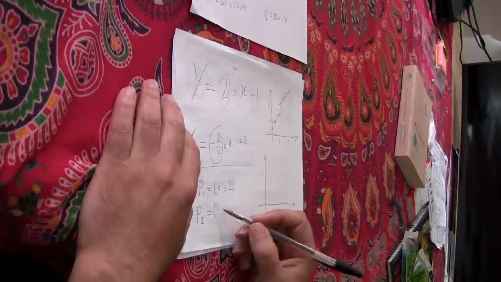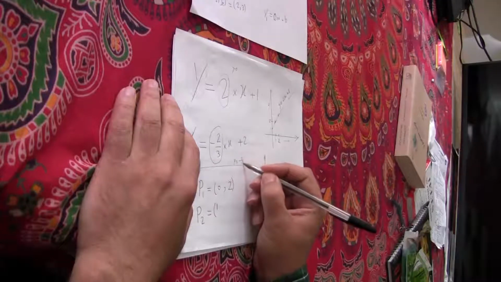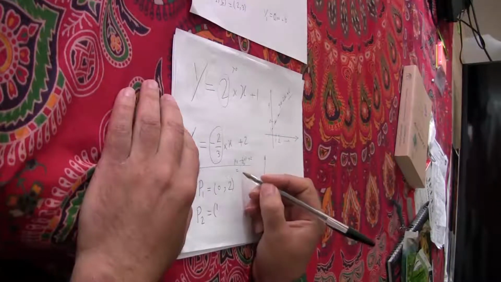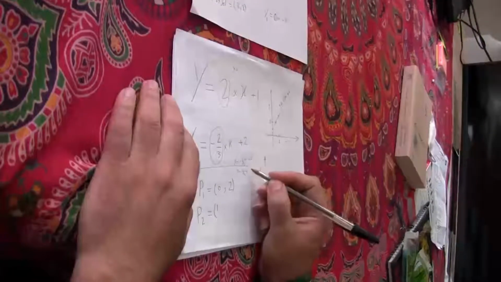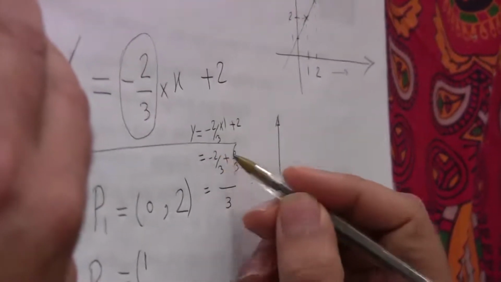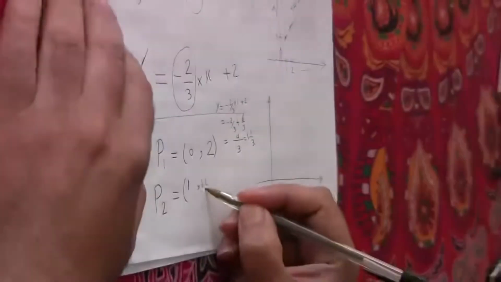When x is 1, y equals minus 2 upon 3 multiplied by 1 plus 2, which is minus 2/3 plus 6 upon 3, which equals 4 upon 3, which is 1 and 1/3.